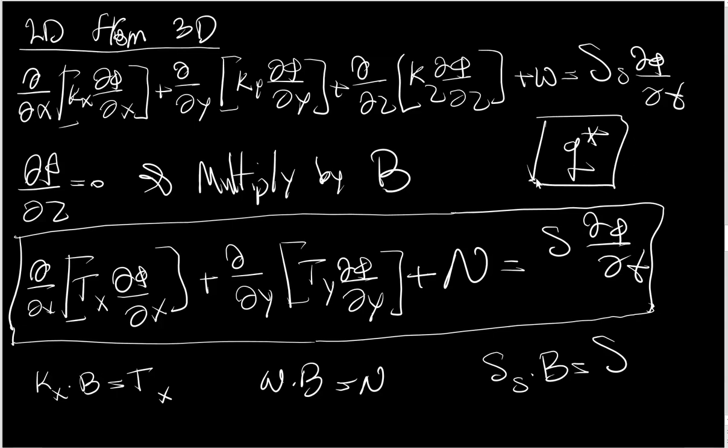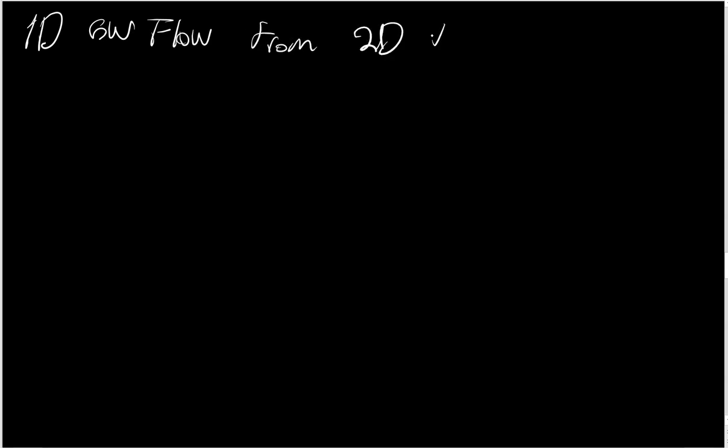I've seen that so many students have difficulty with this, and this is a very fundamental concept that you need to learn. But you can keep going and derive a 1D groundwater flow equation from the 2D equation.